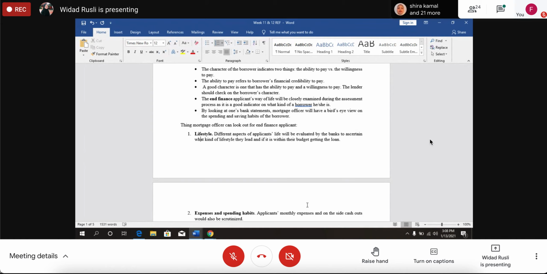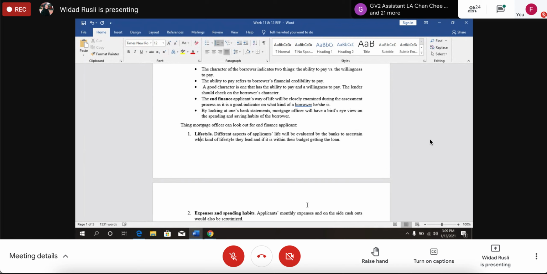Doctor, assess according to their past, like their history, credit history, how they used to repay previous loans. How do you want to do that? I must get a credit history. From where? From them, or if they've borrowed before, then from the bank.